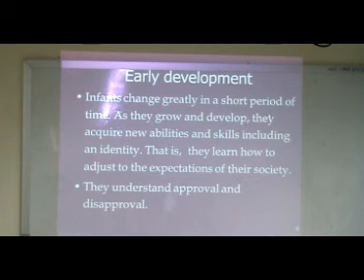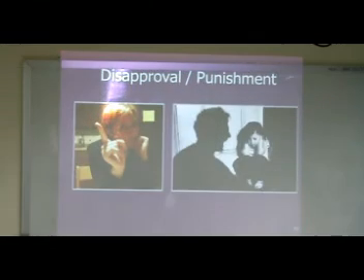They understand approval and disapproval, and it's through this learning process that they are able to acquire an identity that is similar to social and cultural expectations. So you've seen this before, and I've explained it to you. So through doing this, children learn the rules that are expected of them in the society.